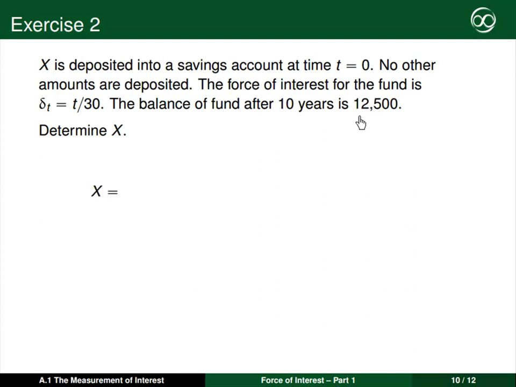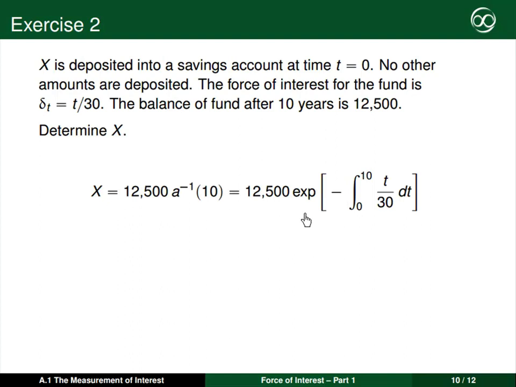So X is 12,500 times the discount function evaluated at 10. That will discount this 12,500 from time 10 to time 0. So we take the force of interest, t over 30, and add that up from time 0 to time 10. That's accumulating. So if we put the minus sign, that would be discounting. And then we take the exponential.